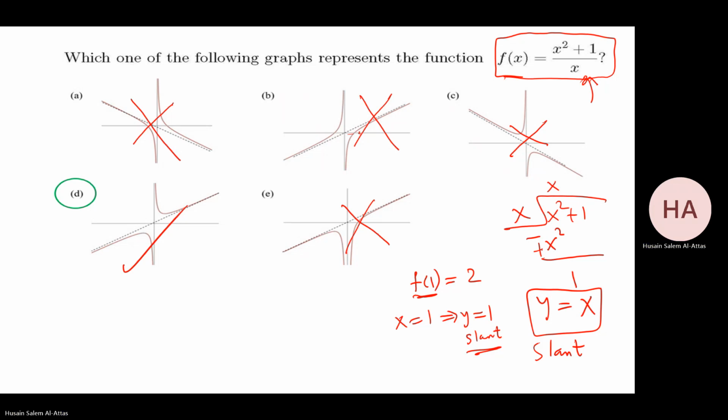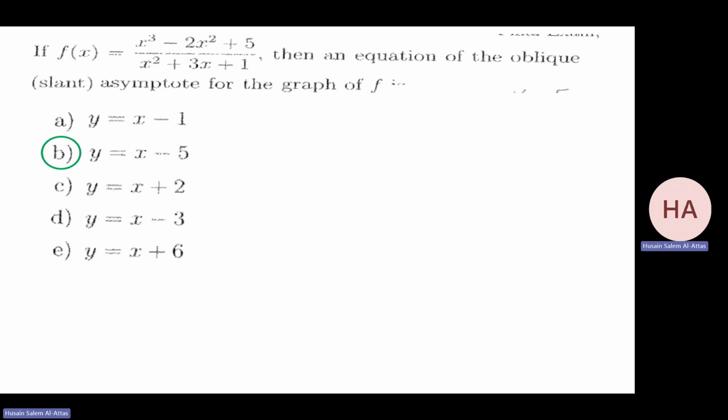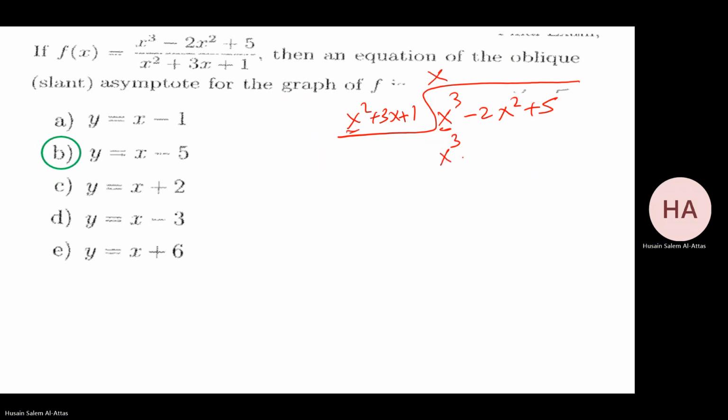Okay, then the equation of the oblique asymptote, I just need to do long division. x cubed minus 2x squared plus 5 over x squared plus 3x plus 1. You notice most of the questions were just about the oblique or the slant asymptote. x cubed over x squared gives me x. So I have x cubed plus 3x squared plus x, plus minus minus minus.